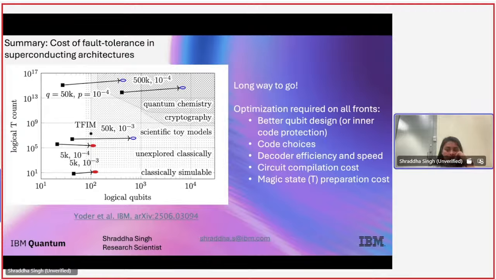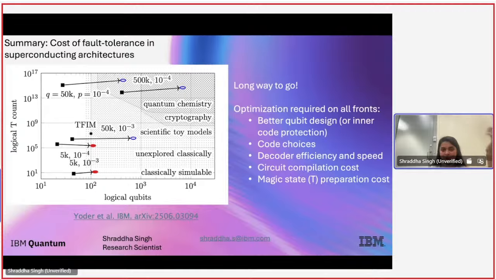So I will leave you with these problems that we have been working on. We've been trying to make better qubits in the community, or better inner code protection with GKP codes, cat codes, type bosonic encodings. We are also trying to make better qubits with transmons and fluxonium, and we are trying to come up with options which can give you natural long-range connectivity, like neutral atoms or ion traps where swaps are pretty easy.